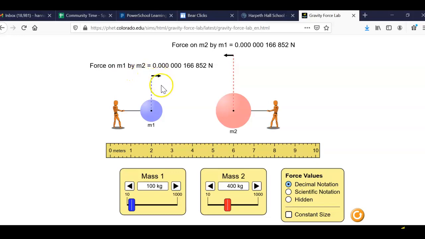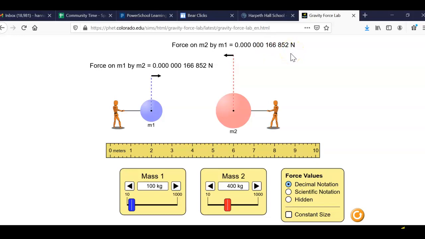And the arrows show the direction of those forces. And so I can see that here, this blue mass 1 is feeling a force of this many newtons that's being exerted by mass 2. And here, mass 2 is feeling a force being exerted on it by mass 1 with this many newtons.